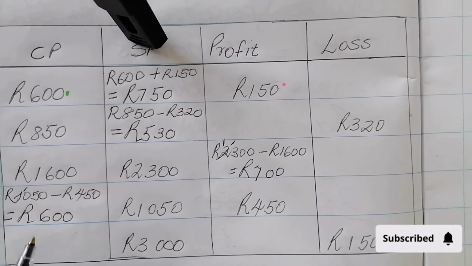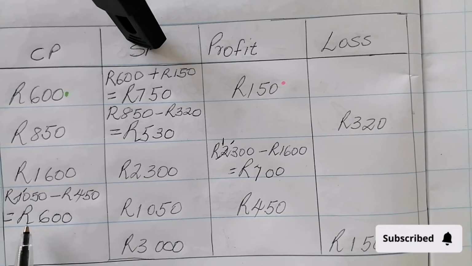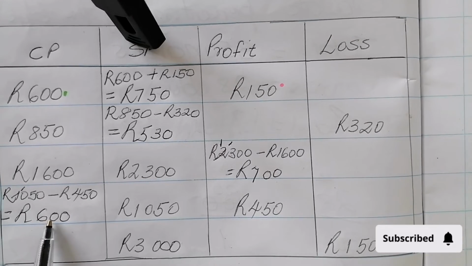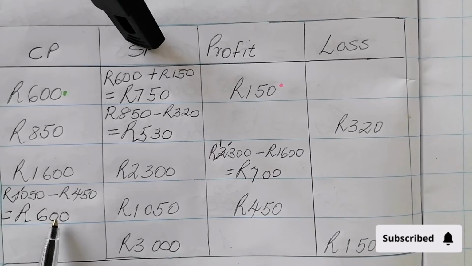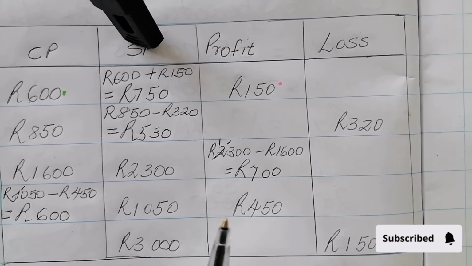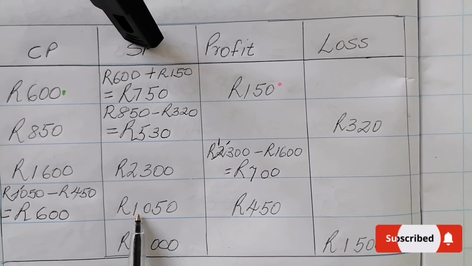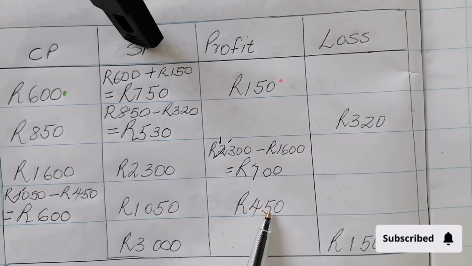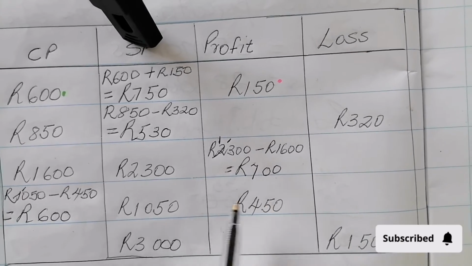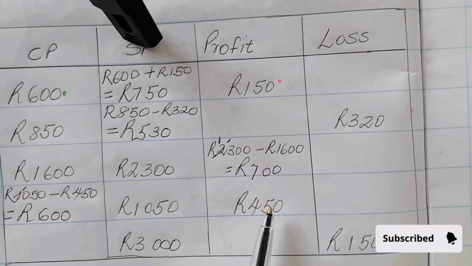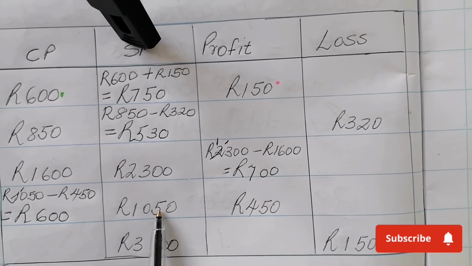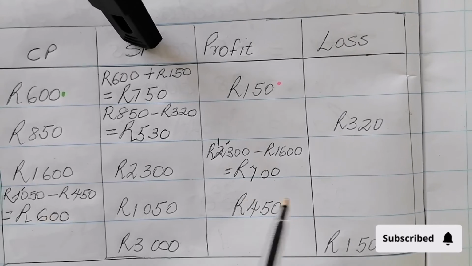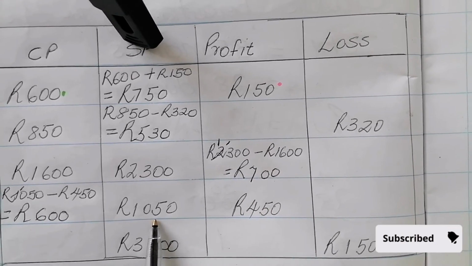So therefore our cost price is 600 rand. The selling price is 1,050 rand and the profit is 450. If we add the cost price and the profit, it is going to give us this amount.